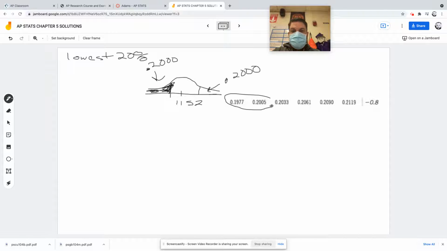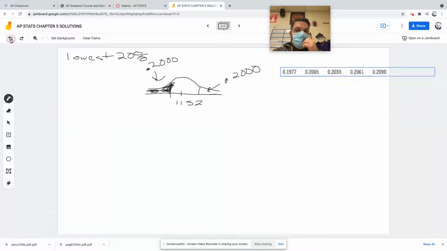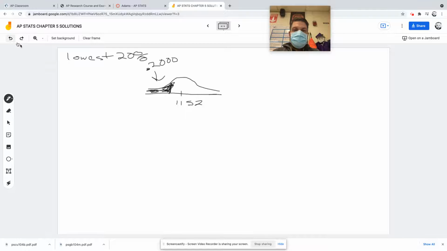Because that's where 0.2 lies. So I was going to try and show you something, but I guess I will do that later. Don't worry about the right tail thing. We don't need to do that because your textbook has both left and right tail. But this is what we're looking at right here, these two values, because they're the closest to 0.2.